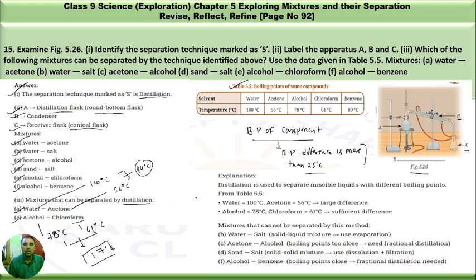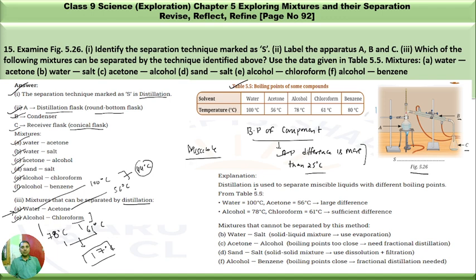We have to use a fractionating column somewhere near the thermometer. That fractionating column will have some glass beads. In that case, this particular mixture will be separable. Otherwise, the main point is that the separation method is applicable for two liquids that are miscible with each other and whose boiling point difference is more than 25 degrees Celsius.